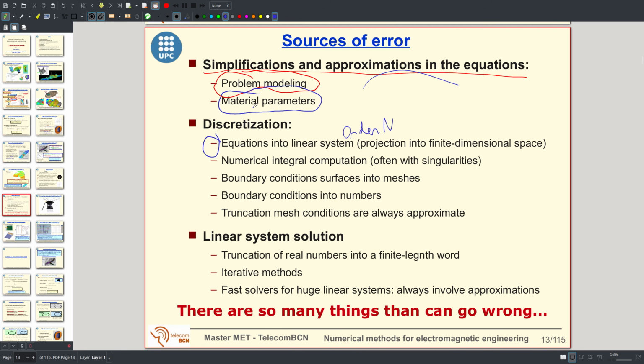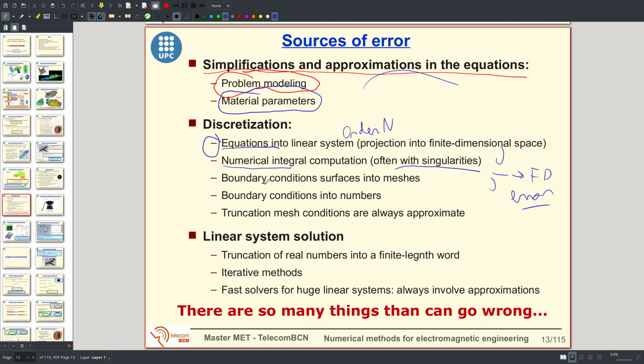This introduces error. Also, we have to compute integrals, the convolution integrals, and the numerical computation of integrals introduces error. And if the functions have singularities, of course, they are much more difficult to integrate, and the error may be larger. As I said before, we also have to approximate derivatives by finite differences, and this also introduces error.